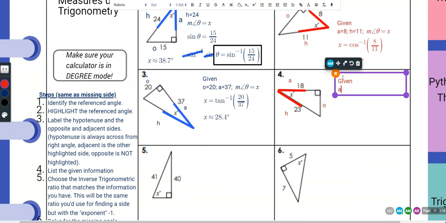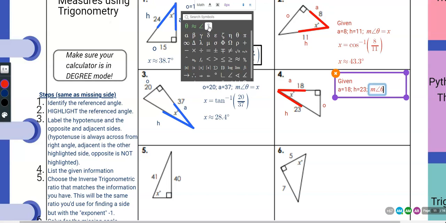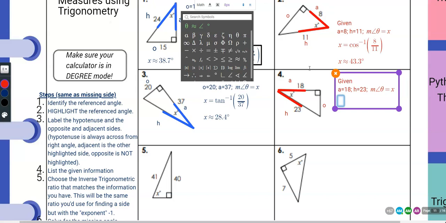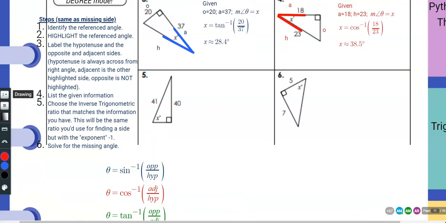I have adjacent is 18, hypotenuse is 23, and our unknown angle, measure of angle theta, is going to be x. We have adjacent, we have hypotenuse, so that is cosine. So x is equal to the inverse cosine of the adjacent side over the hypotenuse. And we're going to get that x is 38.5. And here's your shortcuts for moving on.